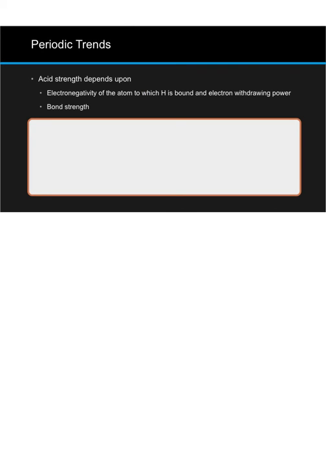So as a final discussion point on acid and base chemistry, I'd like to talk a little bit about trends in predicting the strengths of acids and bases. For acids in particular, acid strength depends upon two things: the electronegativity of the atom to which hydrogen is bound, and in that same vein, the electron withdrawing power of groups to which an acidic proton is bound.